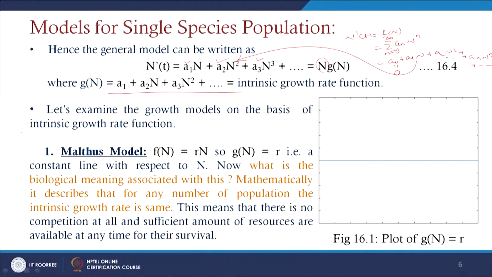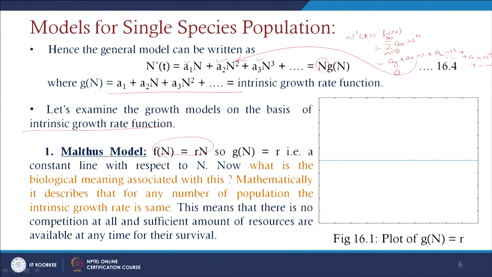So, if we examine these growth models on the basis of the intrinsic growth rate function, then we find that the Malthus model will give f n equals r n here. So, obviously we write that as the exponentially growing population level.